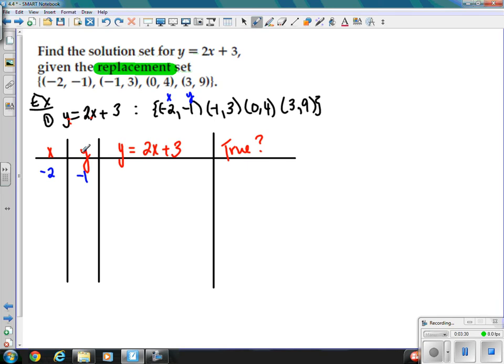So y, well, the y value is -1, equals 2 times x, which is now -2, plus 3. So I drop down my -1, nothing happens to it, but 2 times -2 is -4, plus 3. And -4 plus 3 is -1, so -1 equals -1. Is that true? Is -1 equal to -1? Yes, it is.